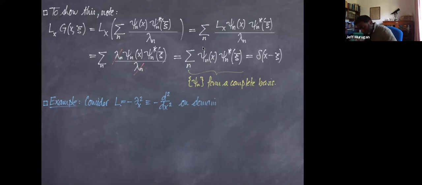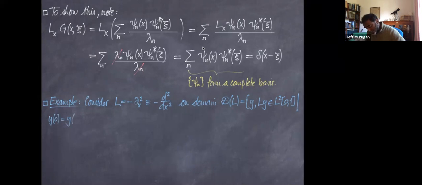The domain of L is going to be the set of functions y, with y and Ly in the set of square integrable functions on the x interval from 0 to 1, such that y of 0 and y of 1 both vanish.